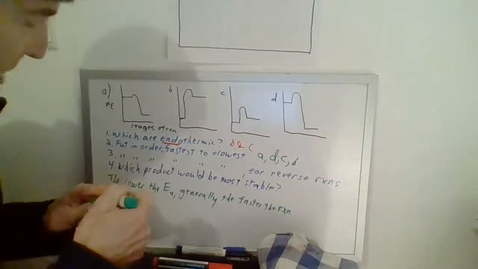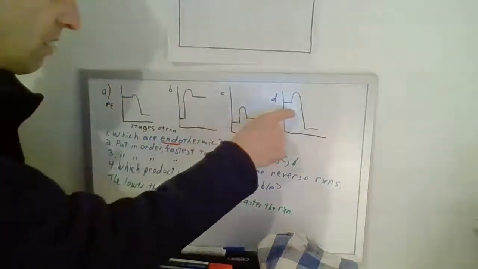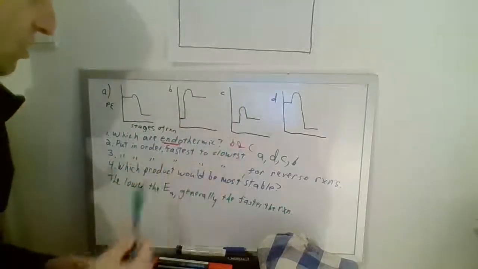So low activation energy, higher, higher, and really high. So A, D, C, B.